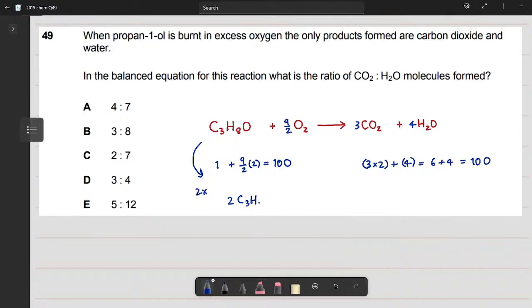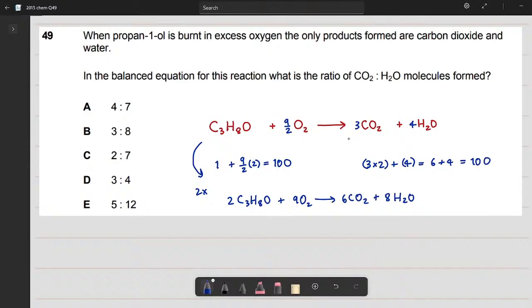So if we multiply everything by 2, we get 2 propan-1-ol plus 9 oxygens, which gives us 6 carbon dioxide and 8 water molecules.